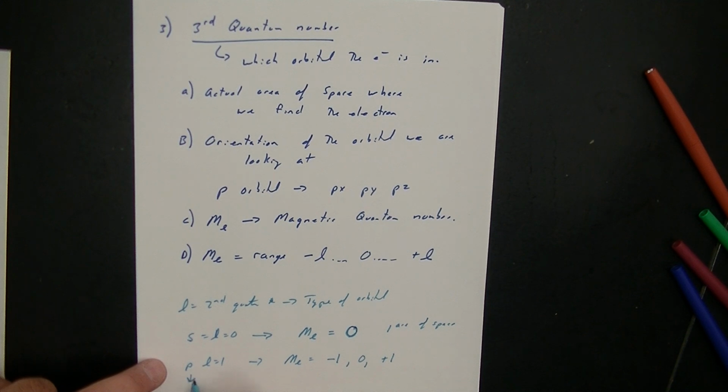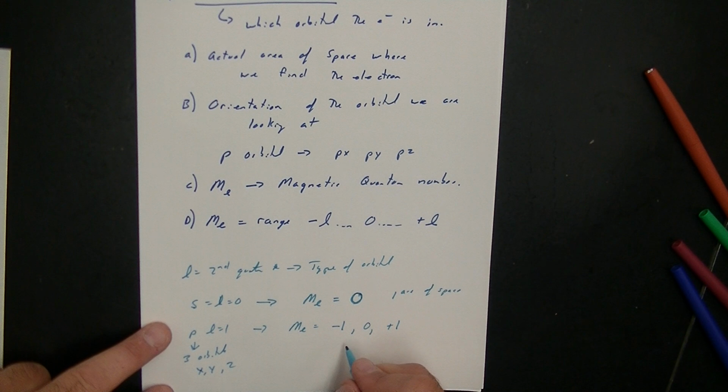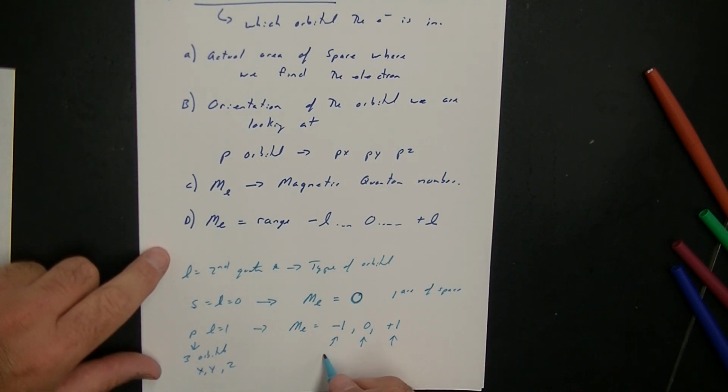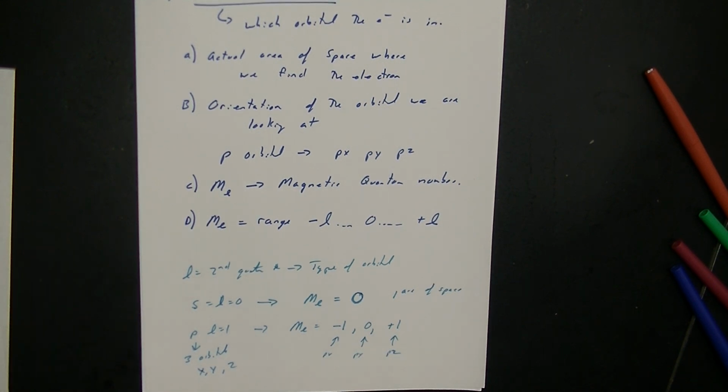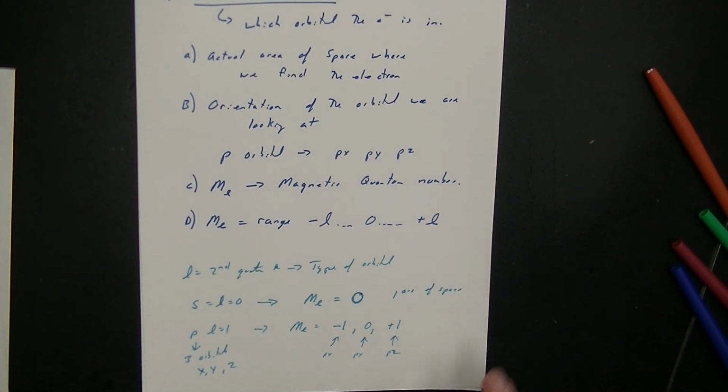All this is telling us is it has 3 orbitals, and instead of naming them X, Y, Z, we're just naming them -1, 0, +1. That's all we're doing. So this would technically be Px, Py, Pz. Our third quantum number is just identifying which of the orbitals it's in.